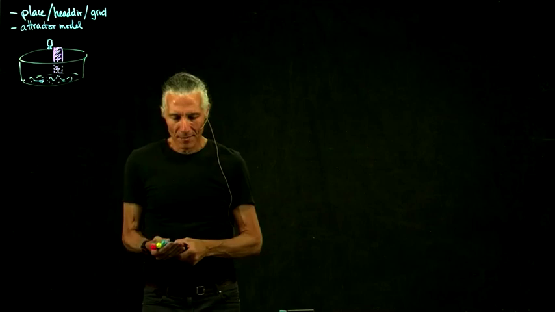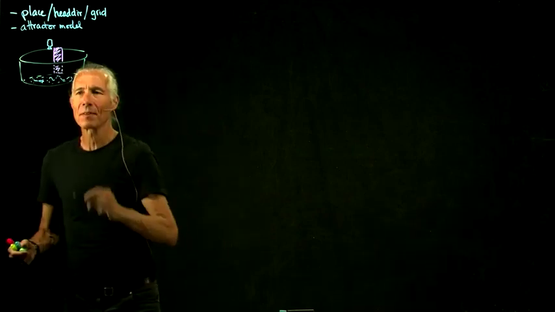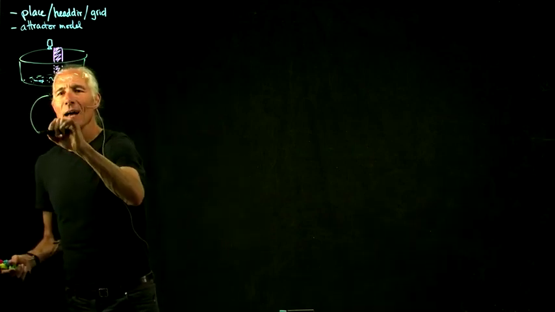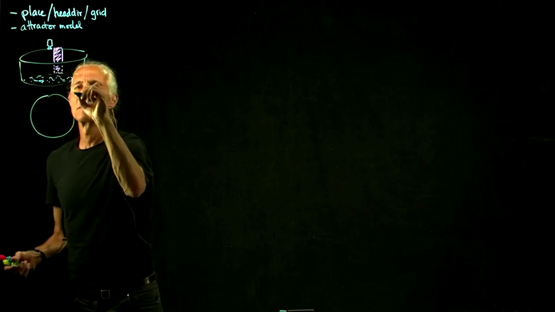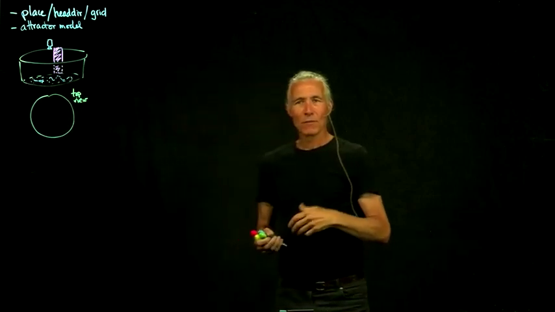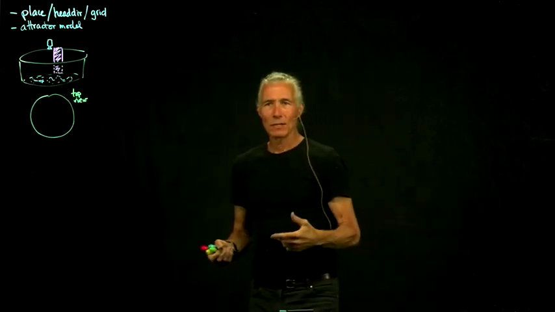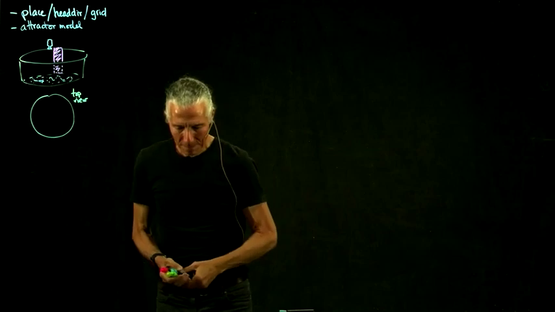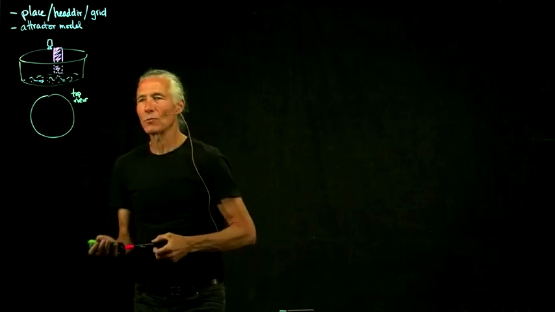The most basic observation is, if we look at it from the top, so this is the top view, we just record where the spikes occur in XY. So what are we looking at here?